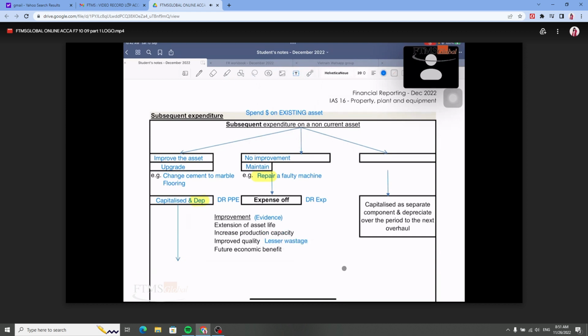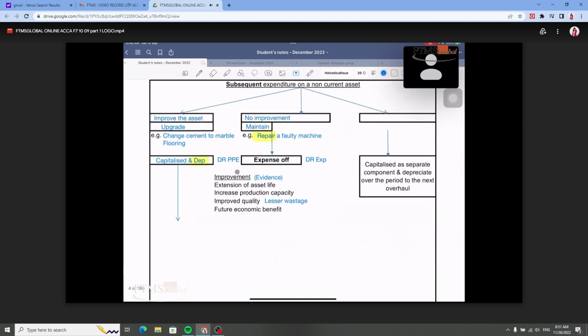Maybe last time out of 10 units produced, 2 would be spoiled, then now out of 10, maybe 1 will be spoiled. Lesser wastage. And the last one is future economic benefit. An example is that after spending money on the asset, now I can sell at a higher price.